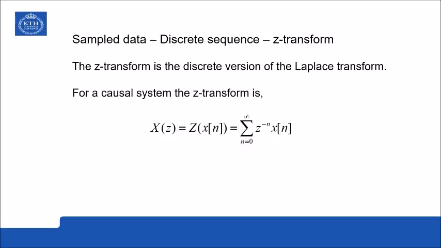For a non-causal system, the lower index here is minus infinity. A causal system has the property that it is 0 before time equal to 0. So that means if we have a causal system, the sum starts at n equals 0. Before this, the signal sequence is 0.